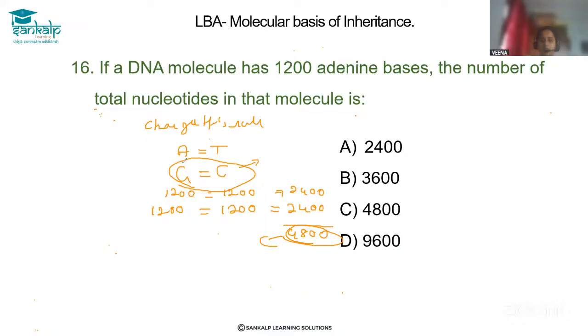The number of nucleotides in the GC region is not given. So the answer we predicted is C, 4800.